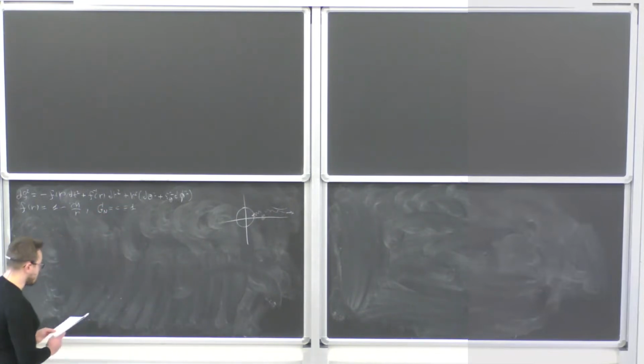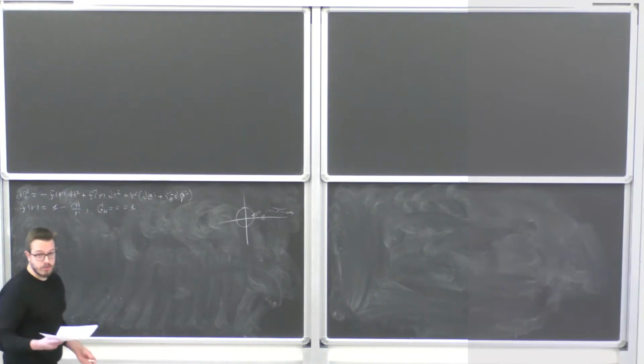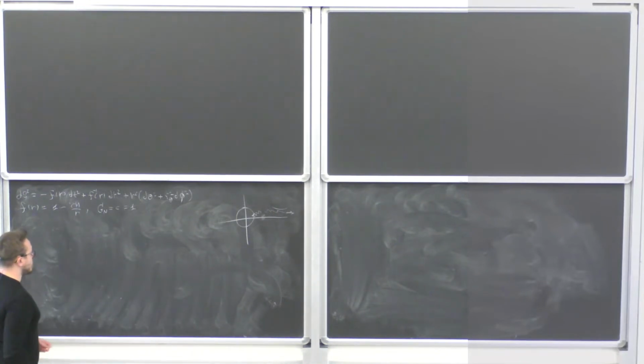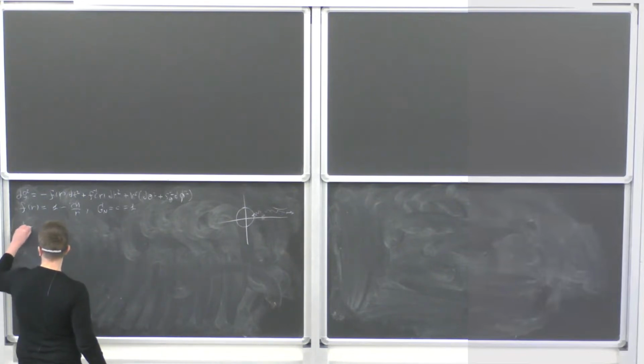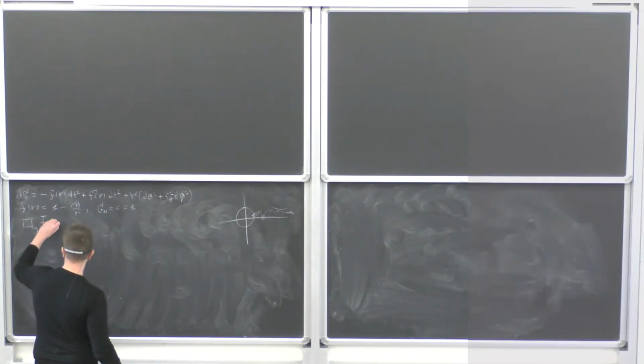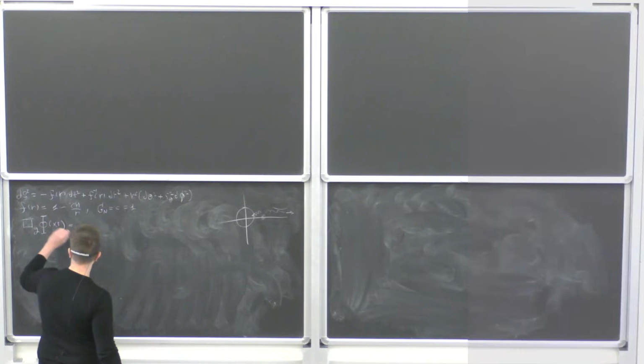Okay, so now what we want to study are the simplest perturbations, which are the scalar perturbations in this background, and they will be described by the box of a function capital Phi of the coordinates equal to 0.